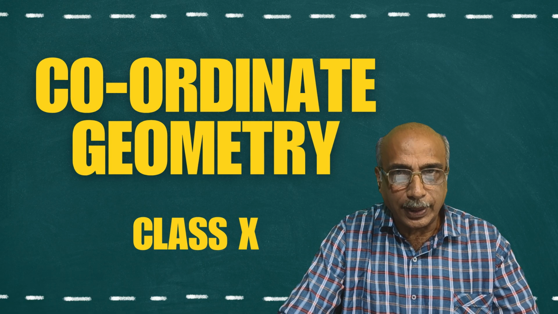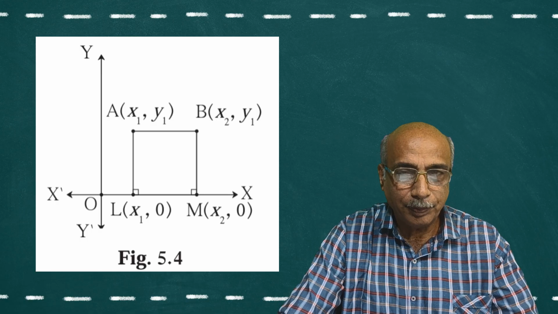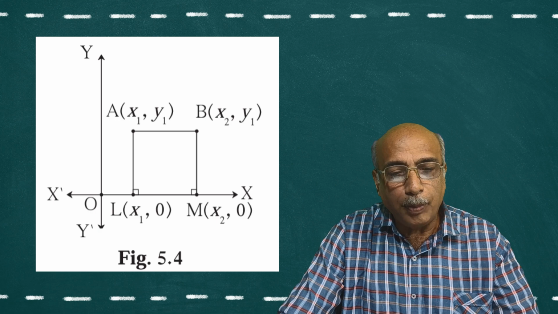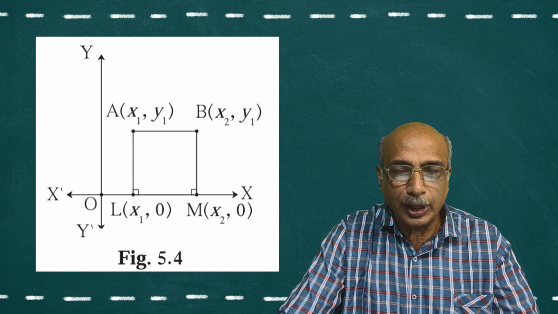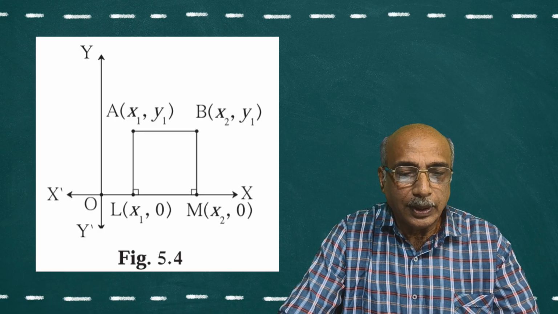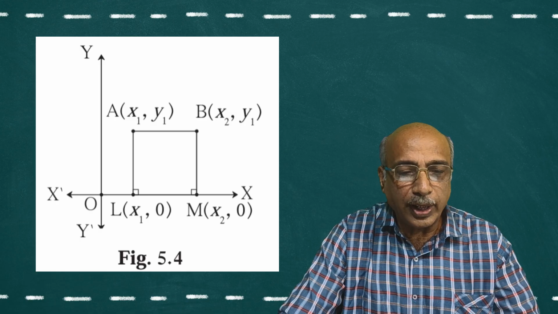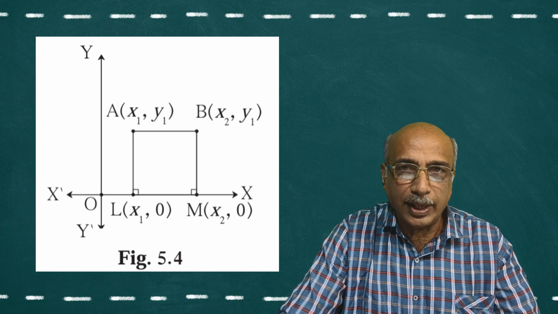But if they are lying parallel to x-axis or y-axis, how to find out? Let us see first x-axis. Here in the figure, AB is parallel to x-axis. Now if I draw the perpendiculars, L and M are shown as in the diagram. So the coordinate of L is (x1, 0) and M is (x2, 0).